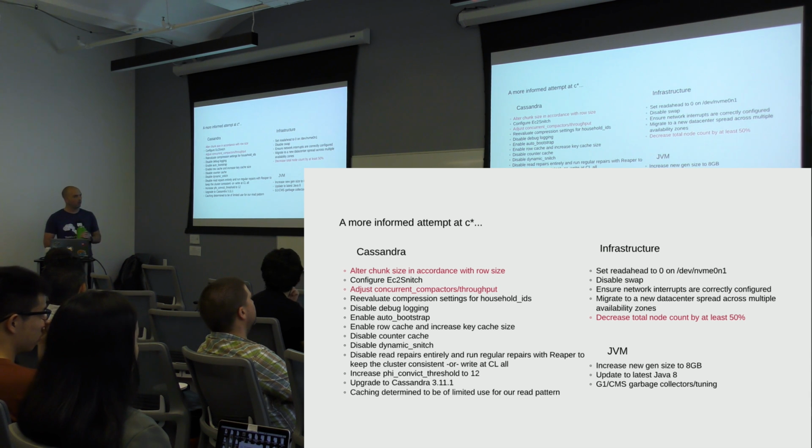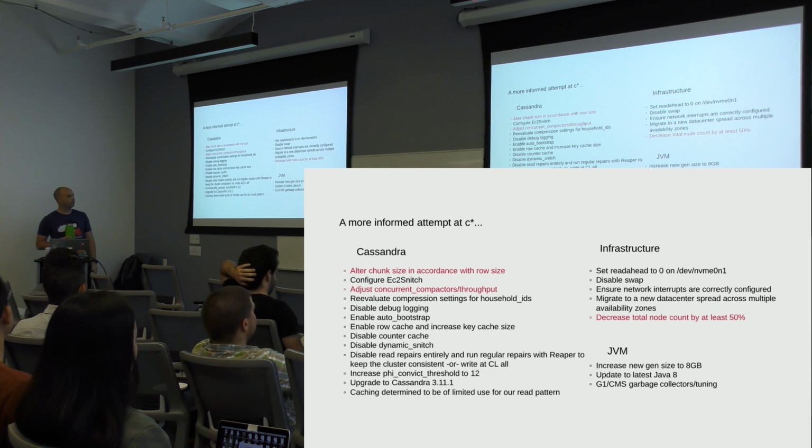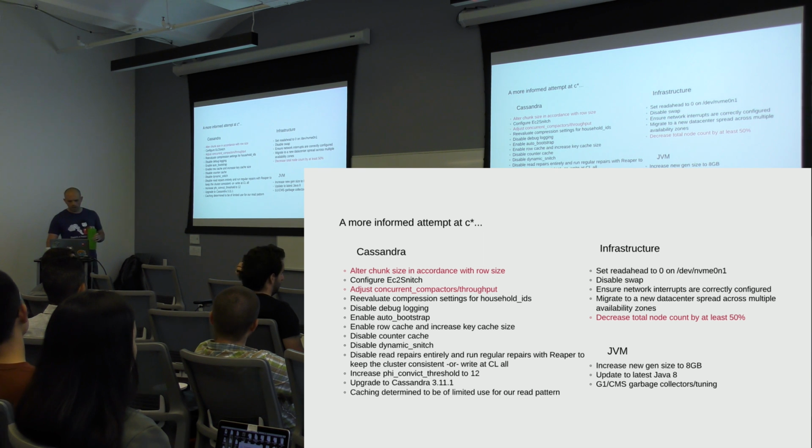Just things like that, but it ended up, even with all these suggestions we got from them, we didn't have a stable use case. They thought we could actually decrease our total node count by at least 50%, which was troublesome because we didn't have a stable use case anyways. But so we saw limited improvement, definitely incorporating all these into our workflow.